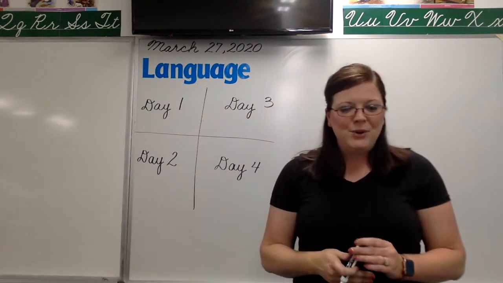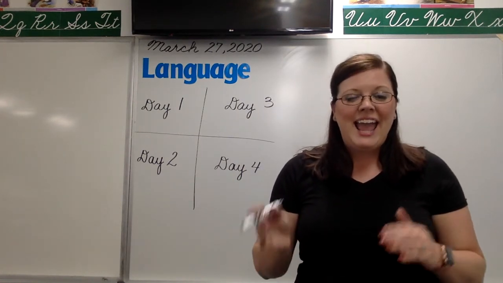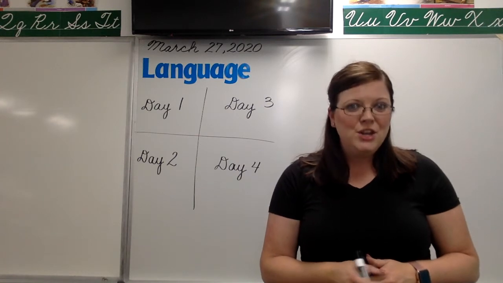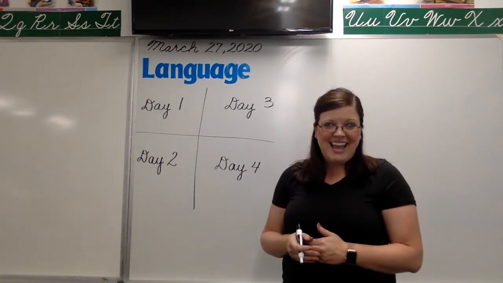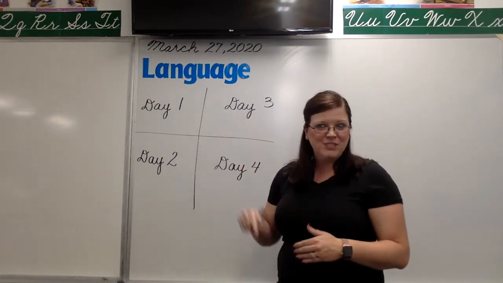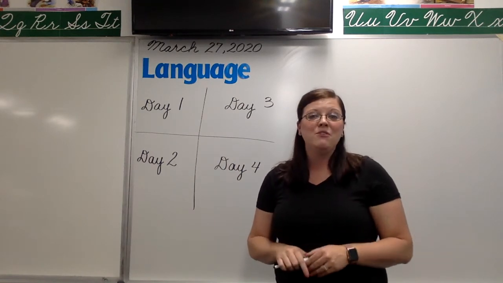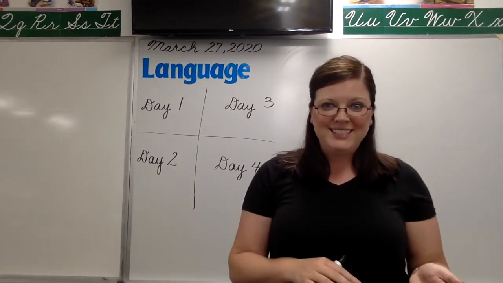What I'm going to do is I'm going to go back and ask you some questions for each of these days. The questions that I asked for day 1 is going to be coming from our first video lesson.